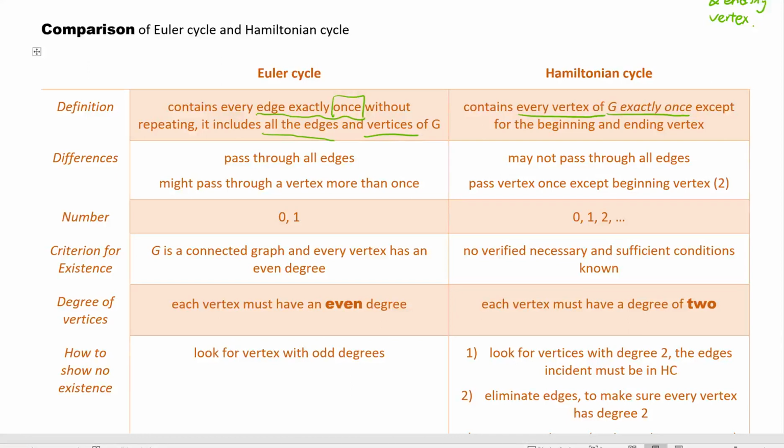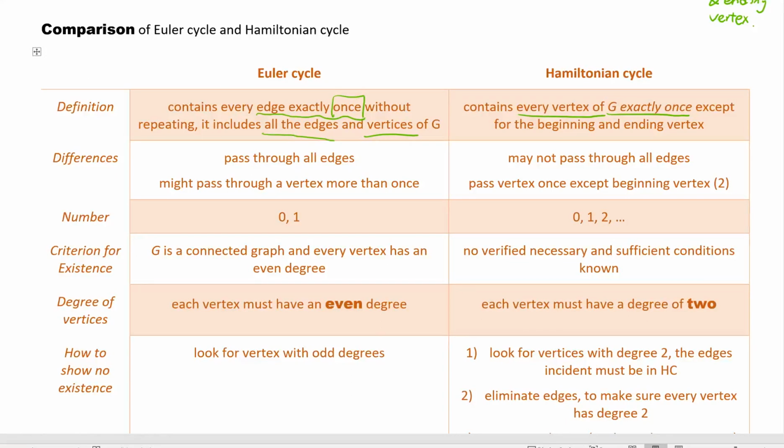A Hamiltonian cycle may not pass through all the edges. And the Euler cycle might pass through a vertex more than once. Okay? And the Hamiltonian cycle passes through a vertex once, except the beginning and the ending vertex, which we pass through twice. I don't have enough space, so that's what I mean. And then the rest of the vertices, just exactly once.